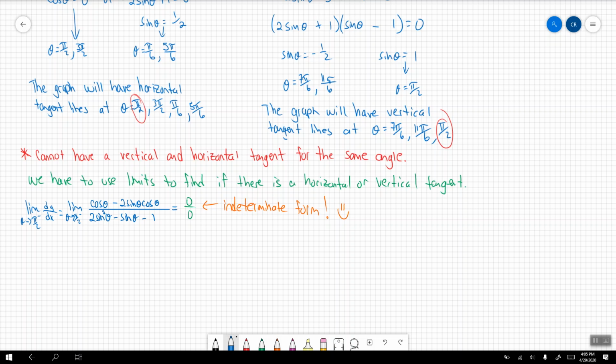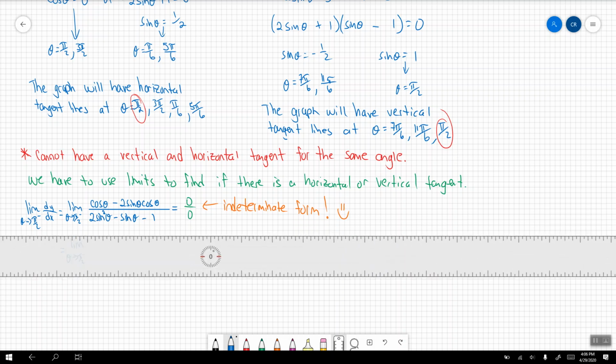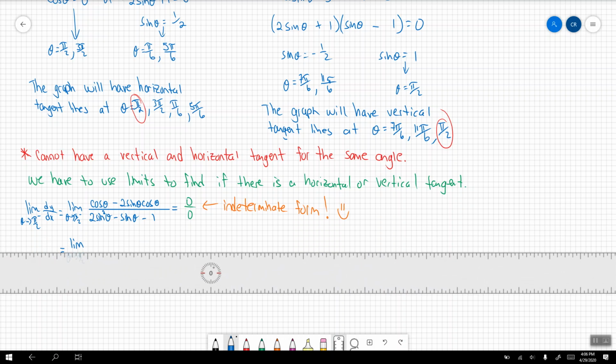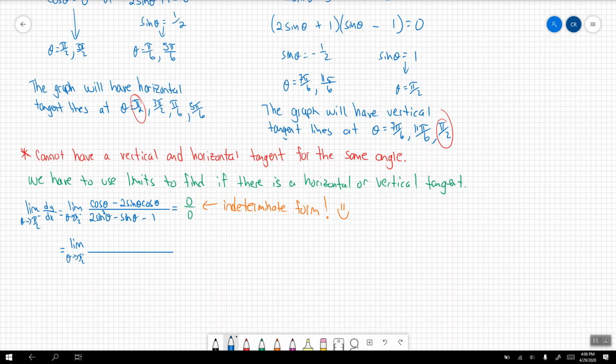Now, I'm going to modify this just a little bit so that I can see what's really happening, so that I don't have to use a product rule up top. So: the limit as theta approaches pi halves from the negative side, of cosine of theta minus, this is really just sine of 2 theta, that's my double angle, over 2 sine squared theta minus sine theta minus 1.